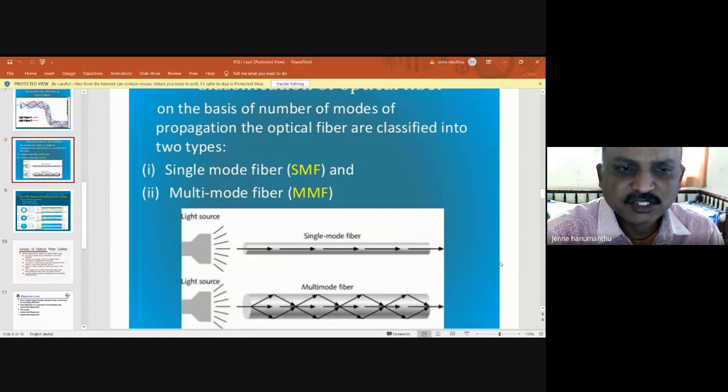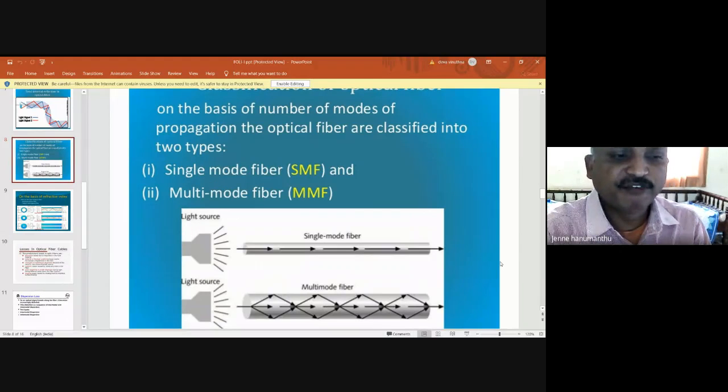The transmitter has light sources, so whatever input we give is converted into light signals, with the help of LED or laser.